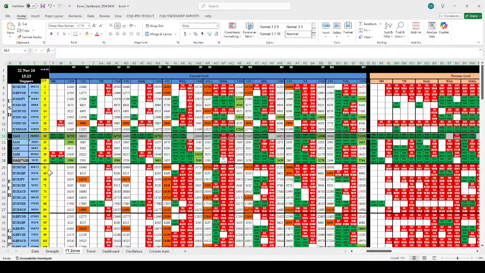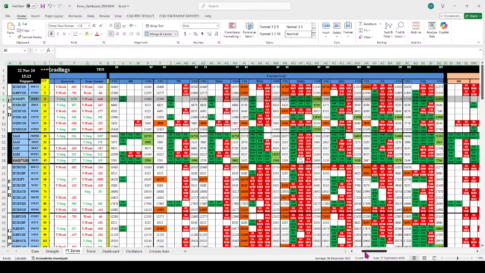Now again, when we go into dollar yen, we are seeing some strength on our 6-hour chart.